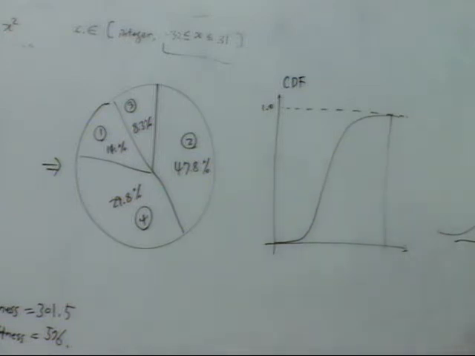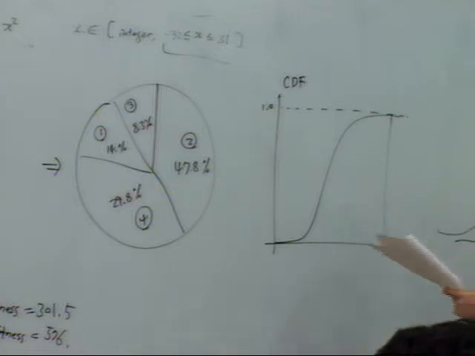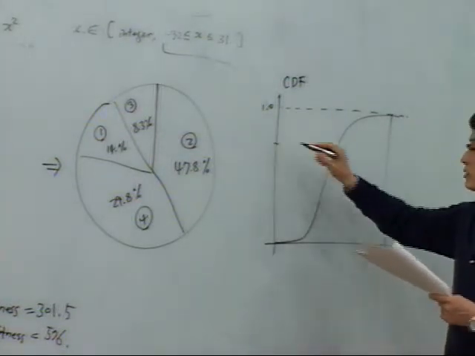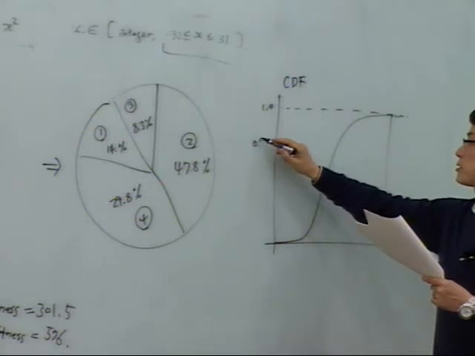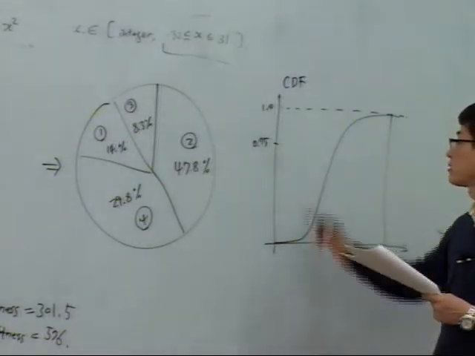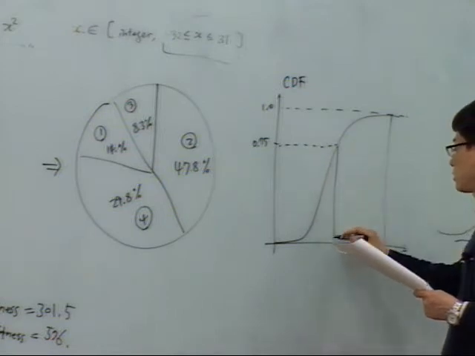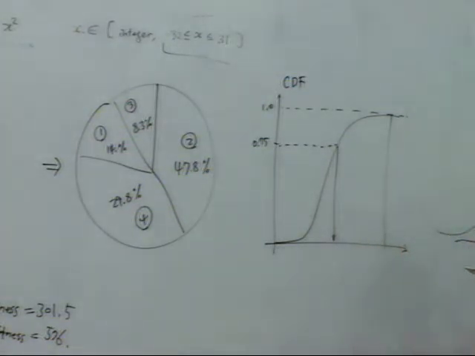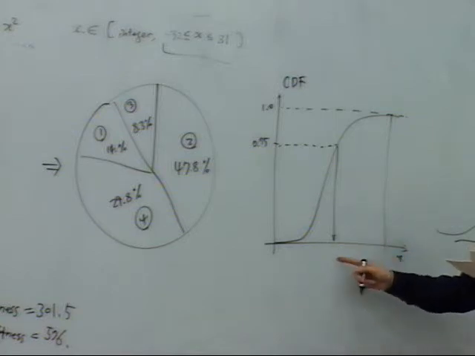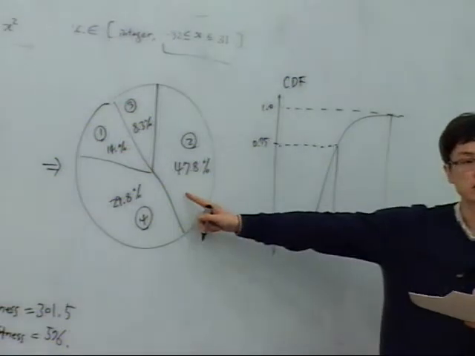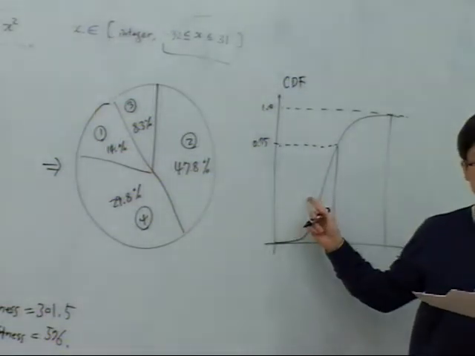So, draw a random number from 0 to 1. Let's say you choose 0.75, then you can read the x value here, and you can find the corresponding region from this, right?